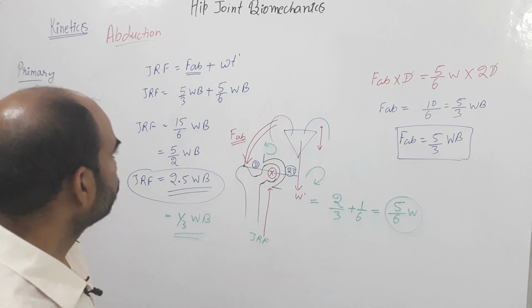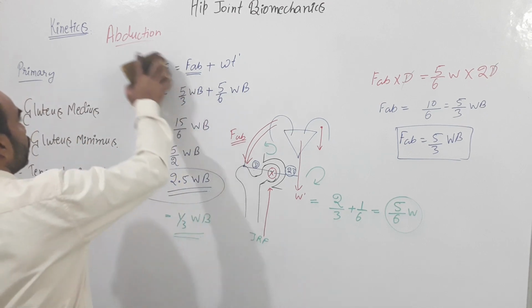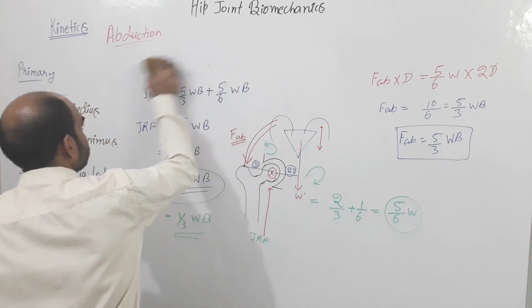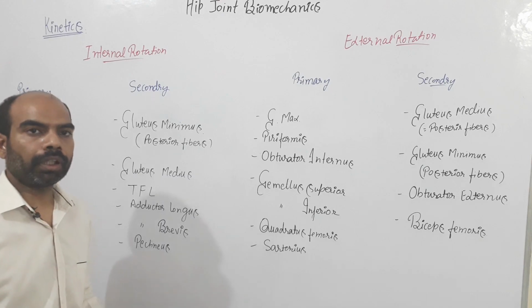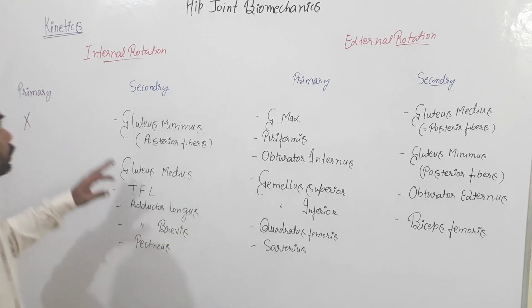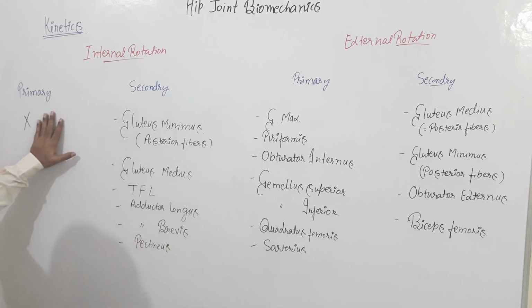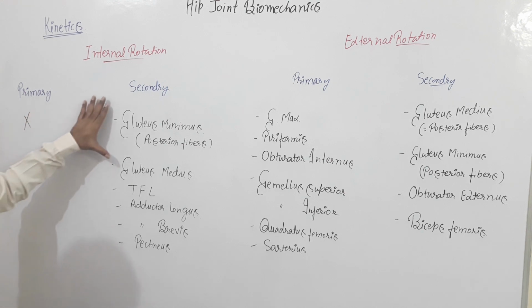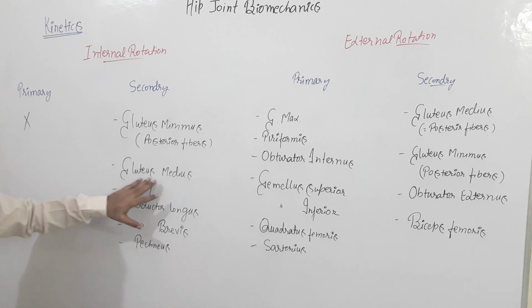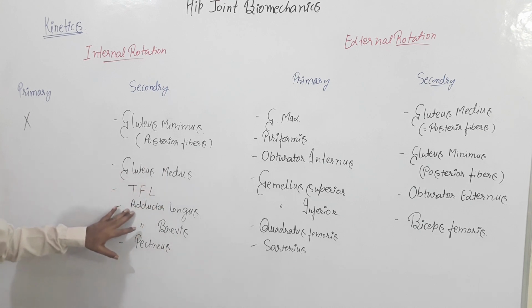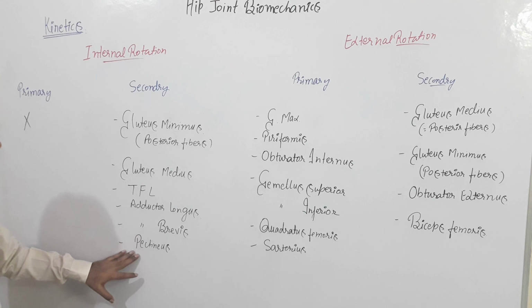Now we move on to internal rotation and external rotation, the hip internal and external rotators. There is no primary muscle for hip internal rotation, and the secondary muscles are gluteus minimus, gluteus medius, TFL, adductor longus, adductor brevis, and pectineus.